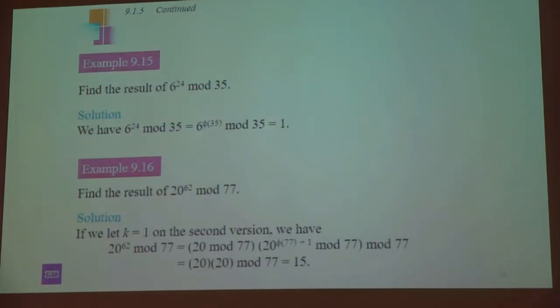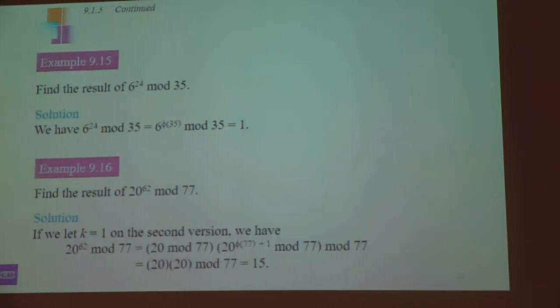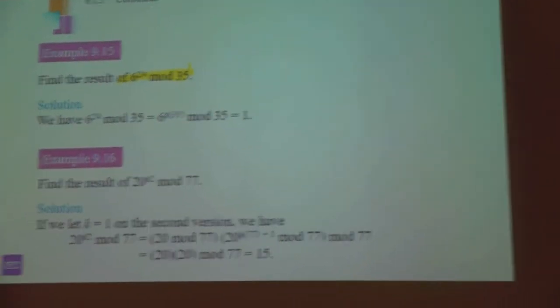Find the result of 6 to the power 24 mod 35. Which rule do we have to apply here?